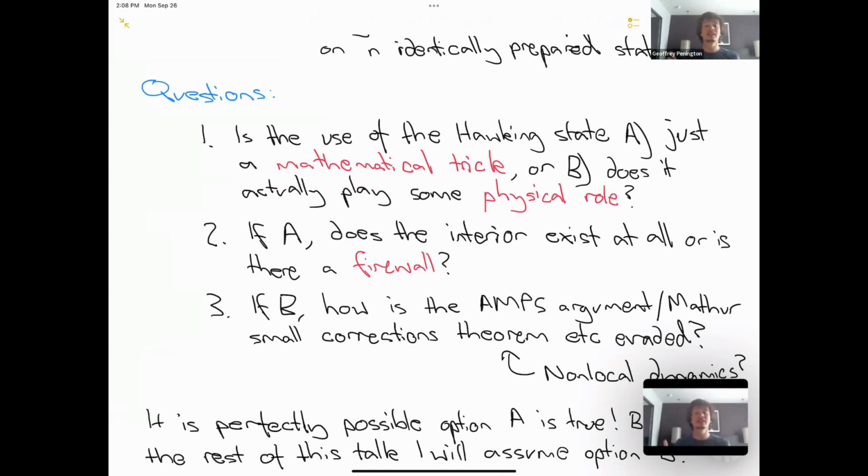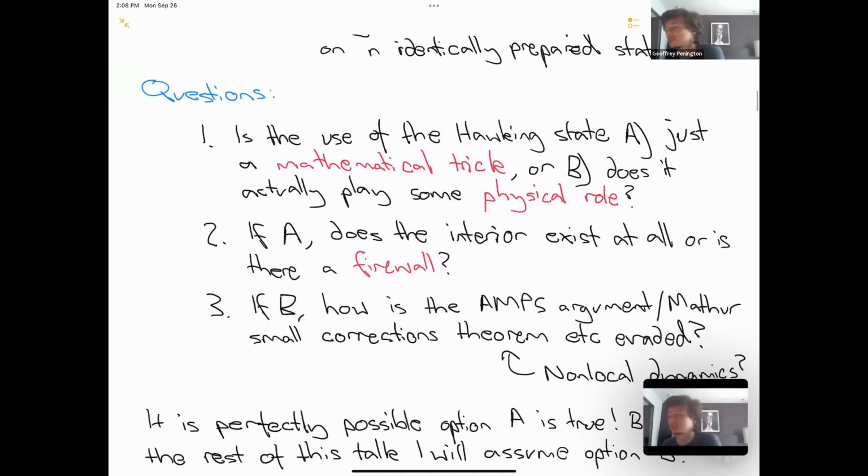On the other hand, if the Hawking state is physically significant in some way, if we're supposed to believe in it to at least some degree, then how are all the arguments for firewalls, so the AMPS argument, the Mathur small corrections theorem, and so on, evaded if we have explicit computations that say somehow on the one hand you have the Hawking state, and on the other hand you have the Page curve?